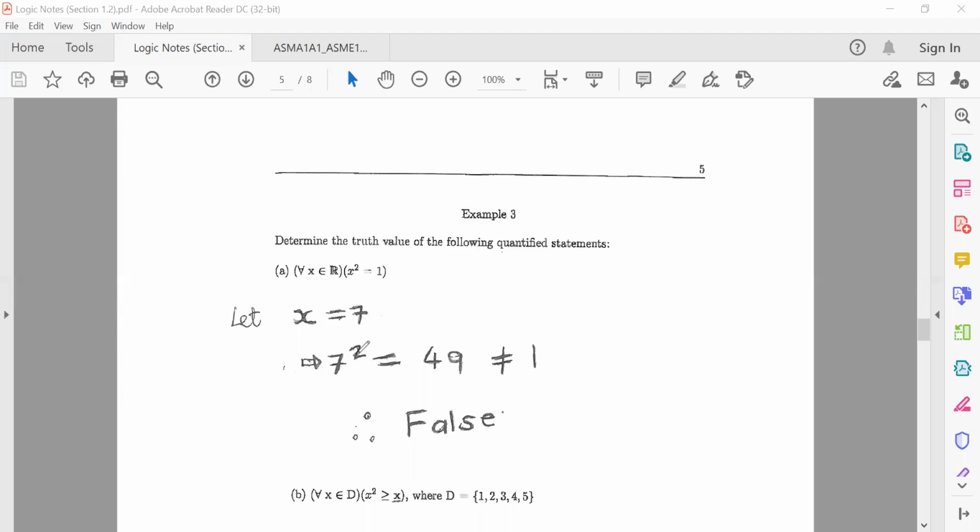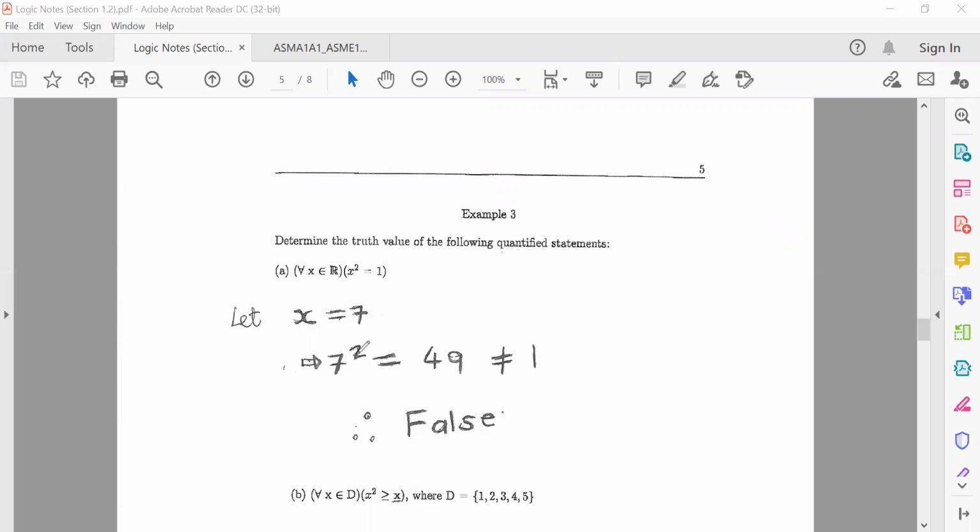In mathematics, if a statement is false, the only way to show that it's false is by giving a counterexample. If a statement is true, however, you need to prove that it's true. If a statement is false, you give just one example that makes it wrong, then the whole statement is false.